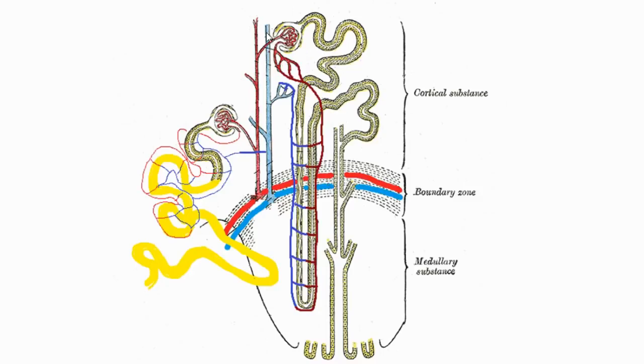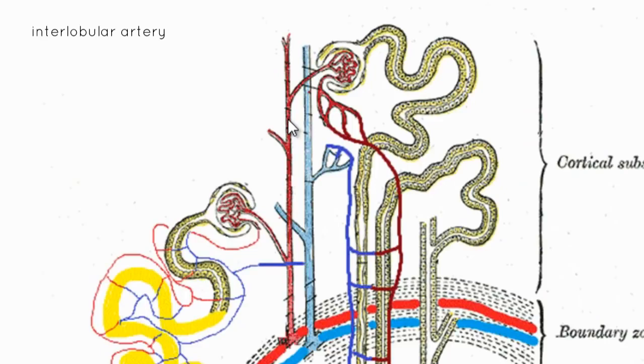Well, going back to the blood supply, so we've just come off the interlobular artery, forming the afferent arteriole, which goes into the glomerulus, and then out of the glomerulus comes the efferent arteriole. So in a juxtamedullary nephron, the efferent arteriole forms the vasa recta. So again, this is more Latin, and it just means straight vessels.